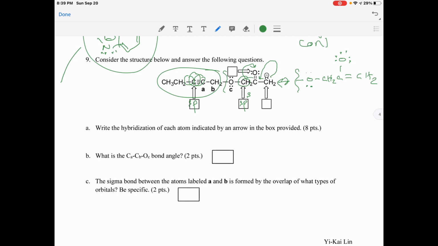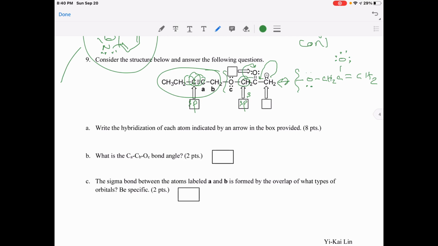And for the rightmost CH2, we see that this is a similar scenario. There are 4 electron domains on the left side, and there are 3 electron domains on the right side. So the question is, which one should I actually write down? But this ties back to the question of hybridization.